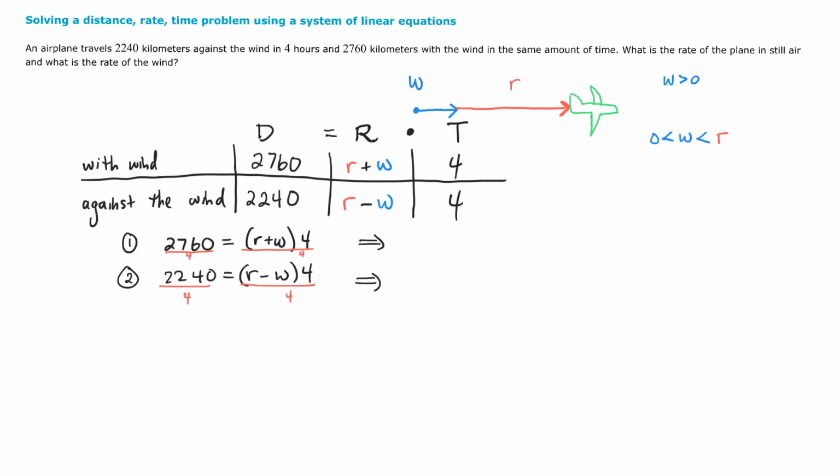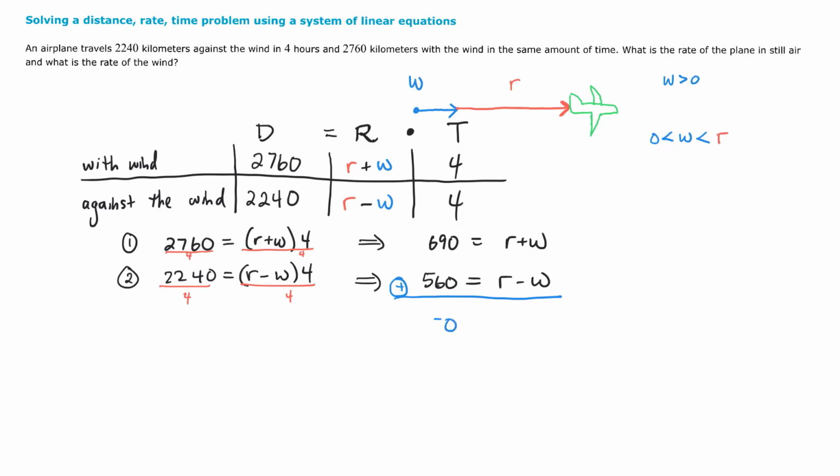Before you know it, you realize you get 690 is equal to R plus W. The next equation simplifies to 560 is equal to R minus W. Now this is rather convenient. We could simply add the 2 equations vertically and we could solve for R.